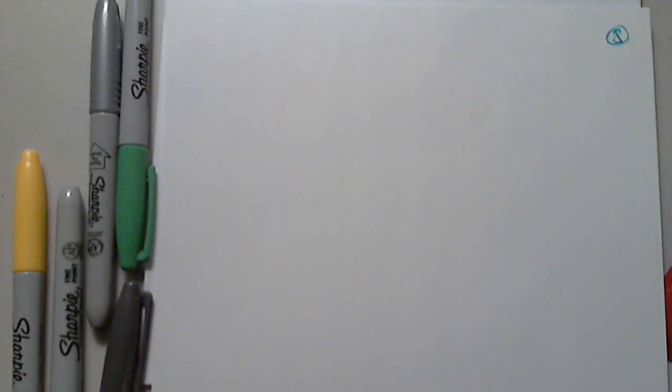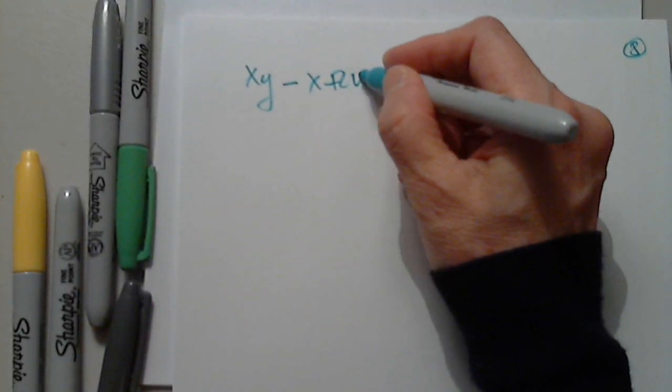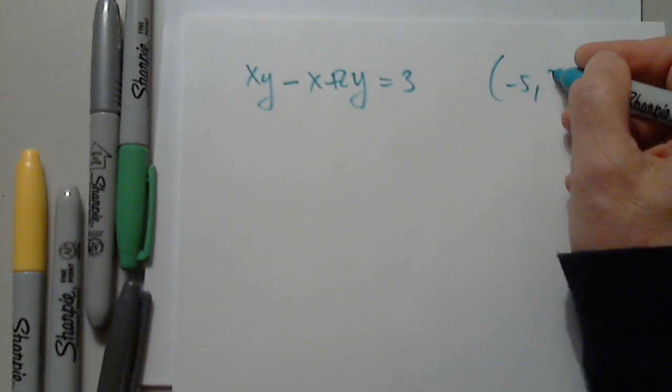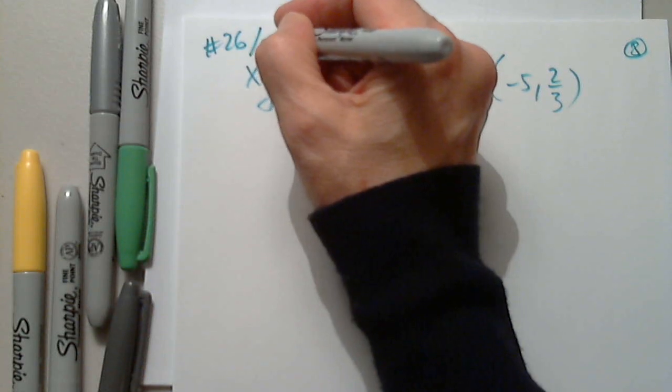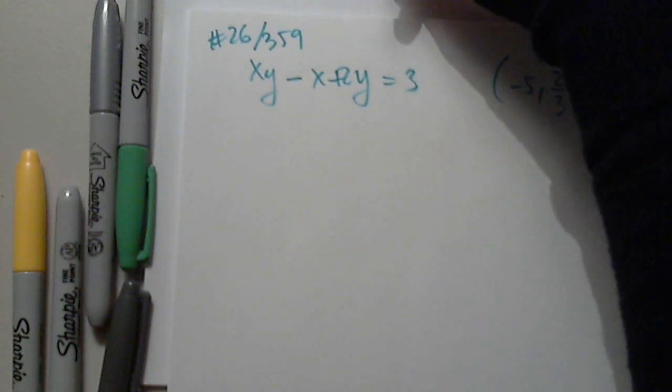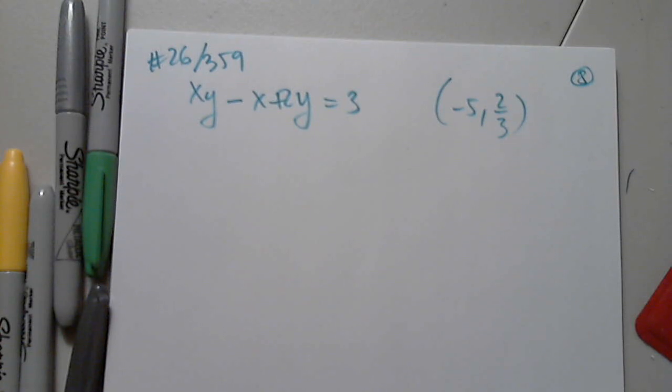Okay, so I have xy minus x plus 2y equals 3, and negative 5, 2/3 is the point, and this is 26 on page 359. Good. Okay, so we are asked to differentiate implicitly to find, let's read it again. It says, differentiate implicitly to find dy over dx. Then find the slope of the curve at the given point.